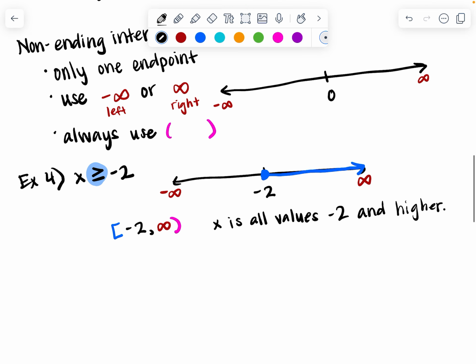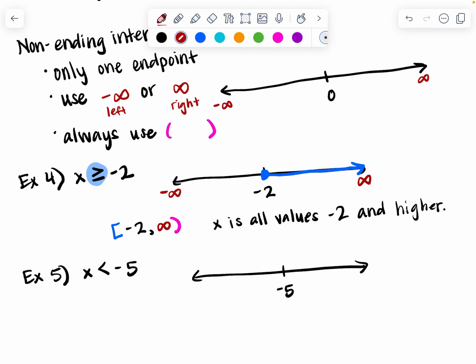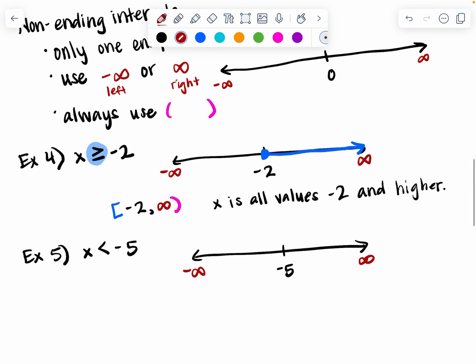Okay, last example. X is less than negative 5. Remember that negative infinity is this direction, positive infinity is that direction. So if X is less than negative 5, I have an open circle, and all of the values less than negative 5 go to the left toward negative infinity.